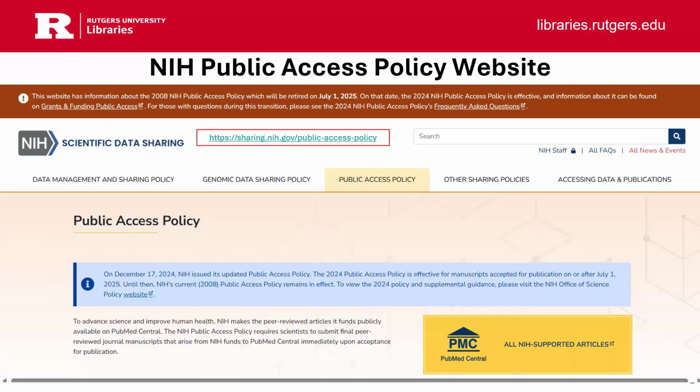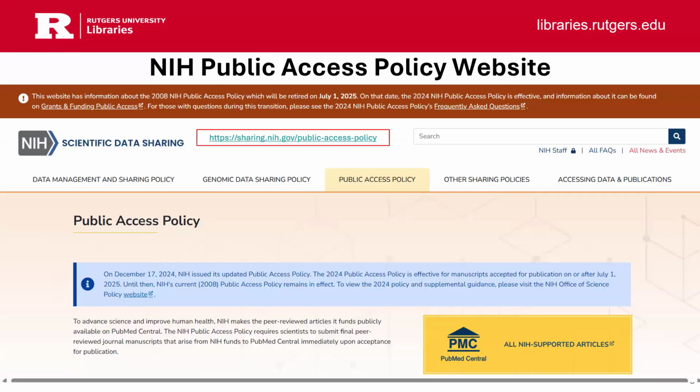Remember that compliance with the policy is not the responsibility of the publisher or the journal. It's really up to the PI or the PD and the institution that is responsible. So this is very important to know. When multiple NIH-funded investigators author an AAM, the author accepted manuscript, the AAM only needs to be submitted once to PubMed Central in accordance with the policy.